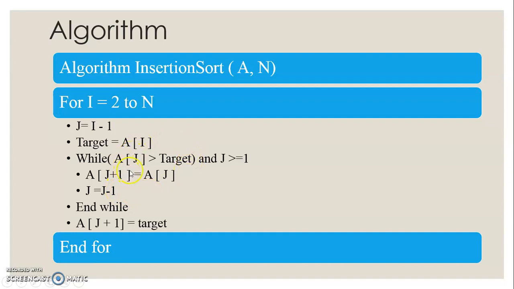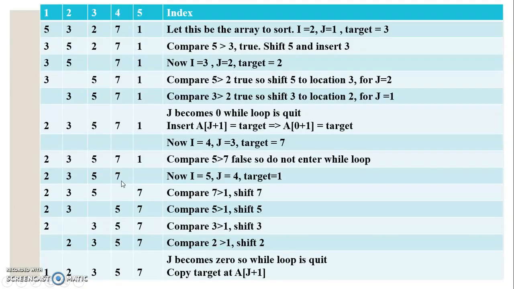And then we compare the new a of j with the target, and if this new value is also larger, then we will shift. If it is not larger, it is equal or lesser, then we will break out of this loop. And here we will place the target element in a of j plus 1, because this is the correct position with respect to the remaining elements in the first half of the array. Let us look at an example.